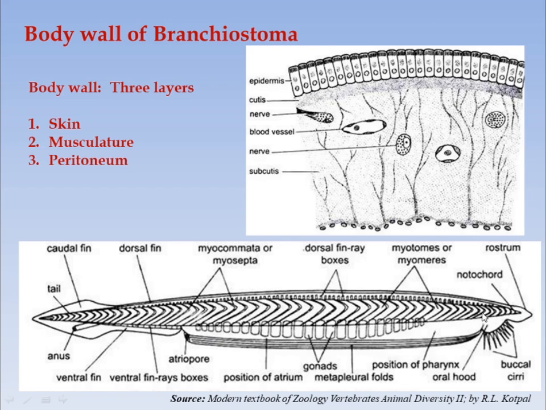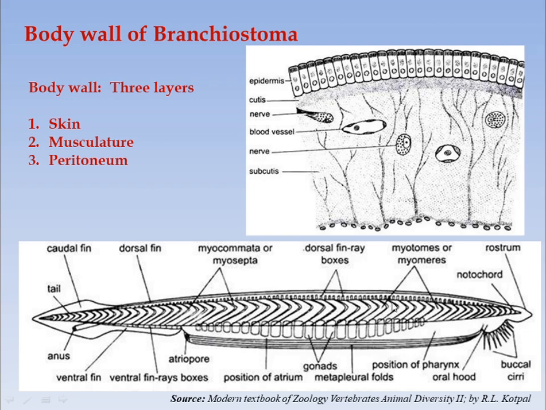of the opposite side. These myotomes, as we can see, are the blocks of muscles which we call myotomes. These are enveloped in a very thin connective tissue layer. So around these myotomes, a thin connective layer is present which separates one myotome from the other. As you can see, this black portion.